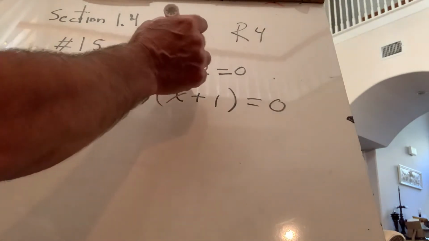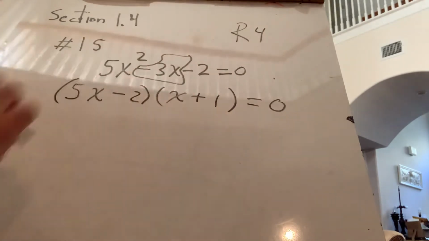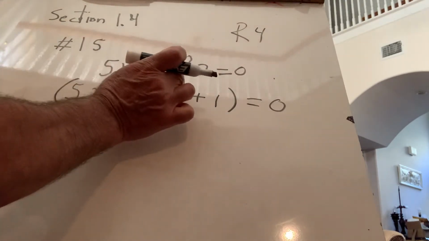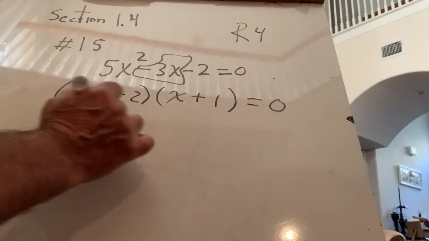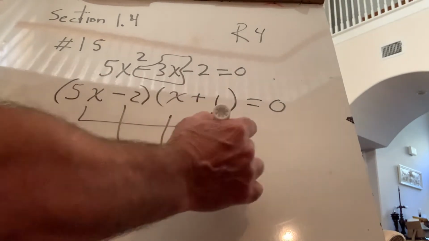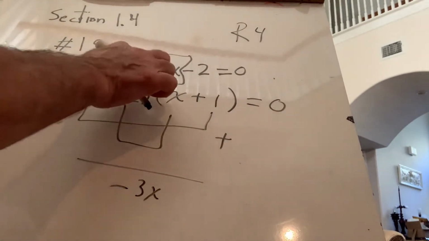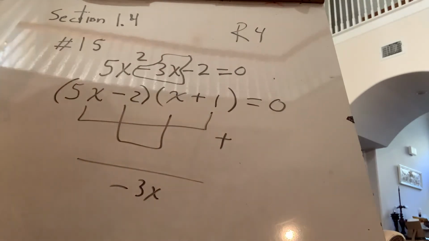We have to check to see if we have the right middle term. Our middle term is negative 3x, and to achieve the middle term, as you remember by the FOIL method, the product of the outside plus the product of the inside must be your middle term. If that adds up to your middle term, then you have the correct factors. And if it doesn't, you try another combination. That's why, again, the method is known as trial and error.